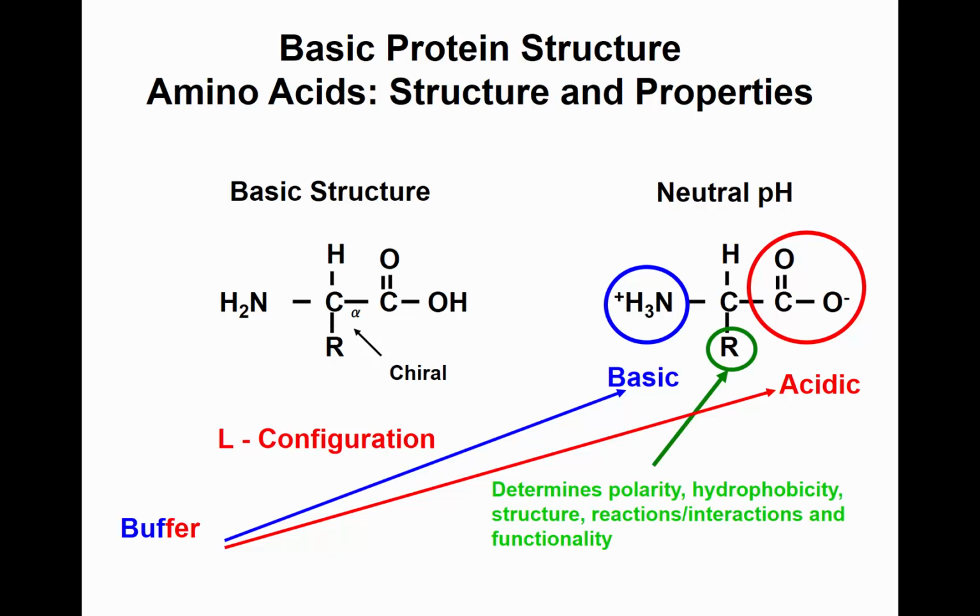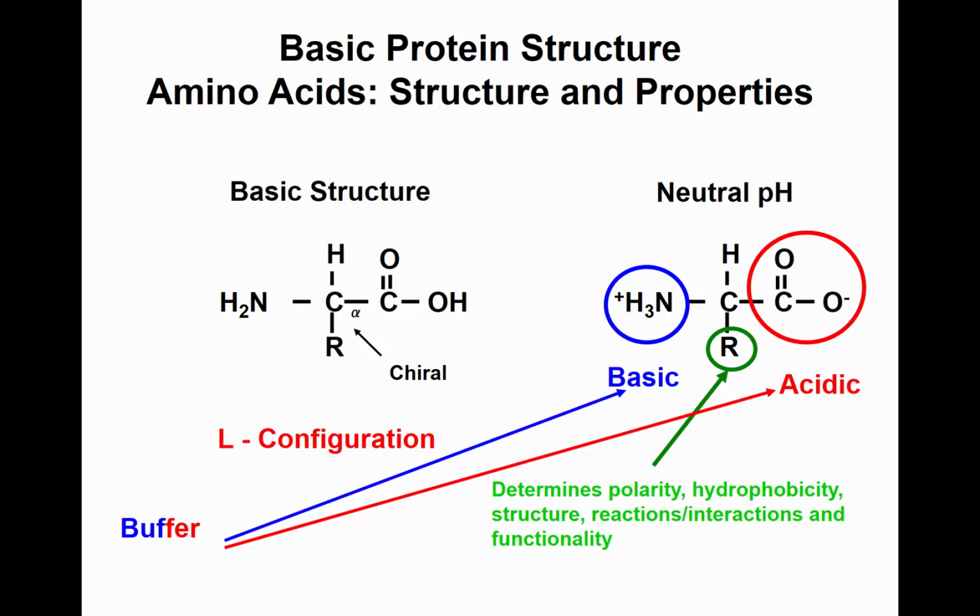Alright, so the R group, here's where I say this is the most important group of your amino acid, because depending on what it consists of, it will determine polarity of the amino acid. Does it like water? Does it not like water? Is it a long hydrocarbon chain, or is it just an H group, or what is it? Hydrophobicity, is it a ring?